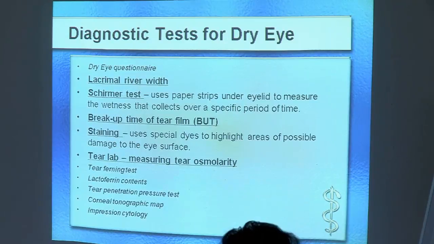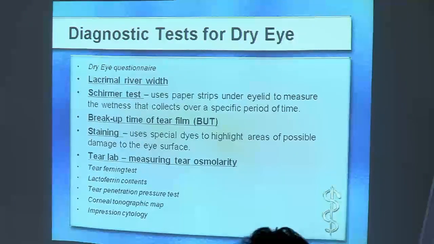So how can we diagnose dry eyes? These are the common tests that we do. So lacrimal river width, I'll show you each of these in a minute, which I showed you in one of the first photographs where the actual tear meniscus is higher if they have a problem. The Schirmer test actually measures the amount of tears being secreted into the eye.